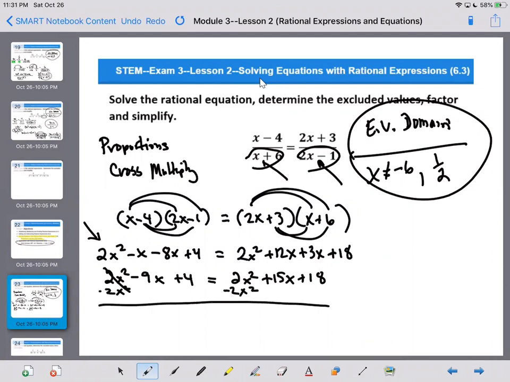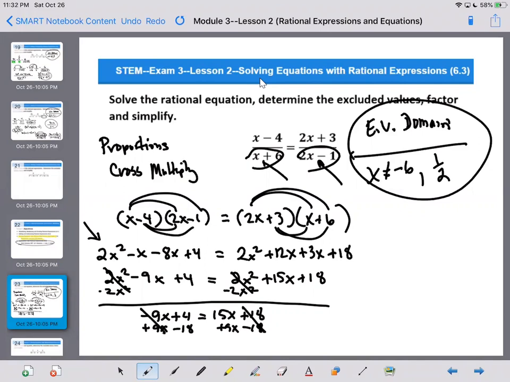They disappear. So you're left with negative 9x plus 4 is equal to 15x plus 18. So I'm just going to move all of my variables to the right, constants to the left. So I'm going to add 9x, and I'm going to subtract 18. So that goes to 0, that goes to 0.